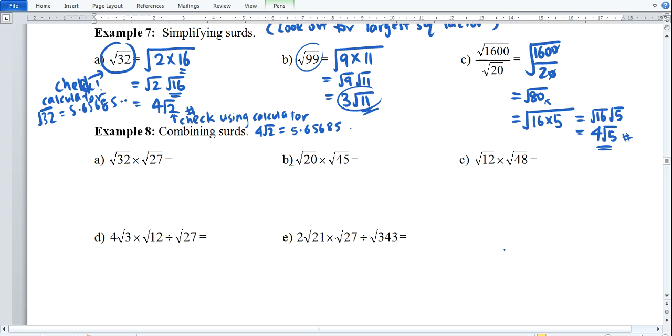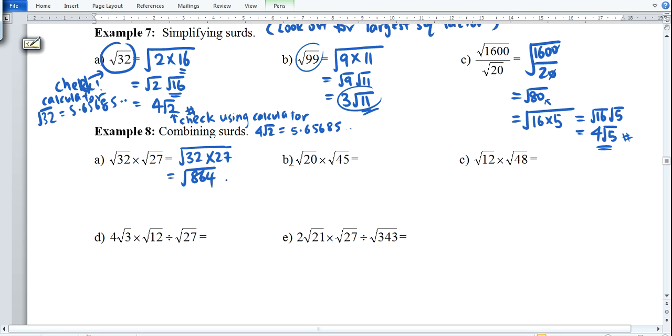Now let's look at the next section on combining surds. Again, we can use the indices law, which is just to combine the roots inside, 32 times 27, together. But you'll notice that if I use this method, I'm going to get a very big number inside the square root.